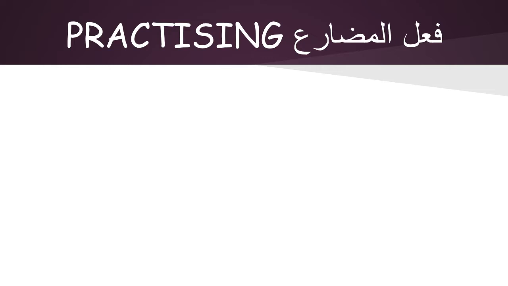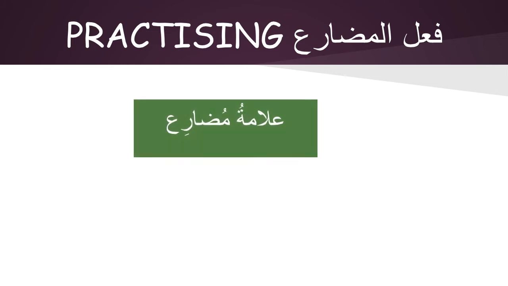The first thing we need to know with المضارع is that we need to look for علامة مضارع, the sign of مضارع. There are 4 letters which are used to make a فعل ماضي into مضارع.